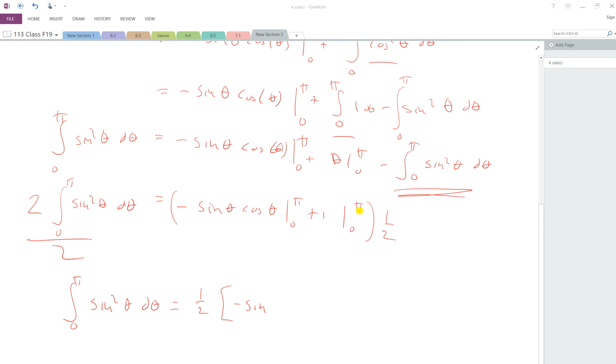I'm going to plug in our bounds here, so minus sine pi, cosine of, not theta, cosine of pi, plus, I'm going to put all of my pi bounds in. At pi, that's just pi. Oops, it's not a 1, that's a theta. It should be theta.